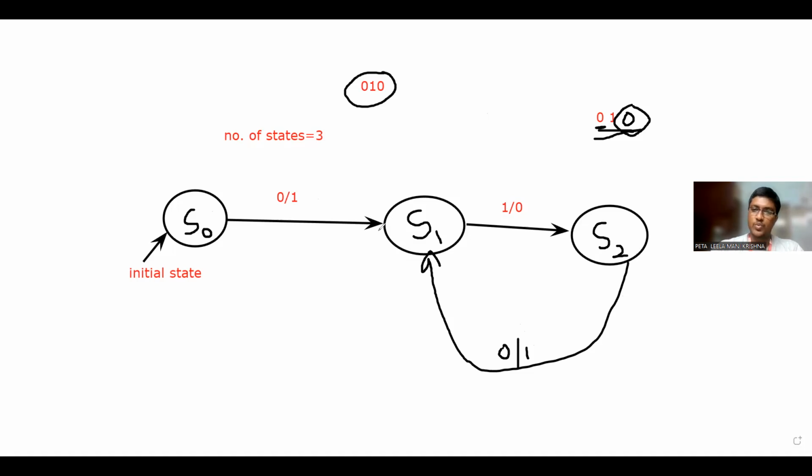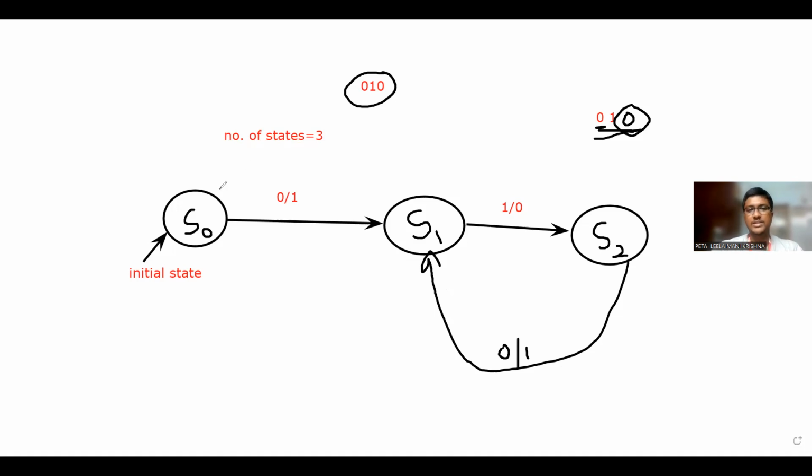Next, at S1, if the next bit is 1, it will move to the state S2. And at S2, if the third bit received is 0, as 0 is the starting bit of the sequence, we can consider it as the first bit of the next sequence. So from S2, it will move to the state S1, and the output will be 1 because all the 3 bits have been detected.